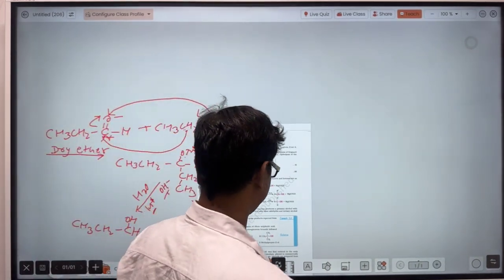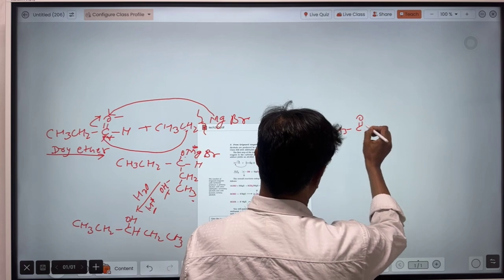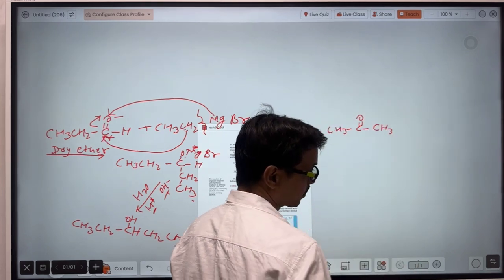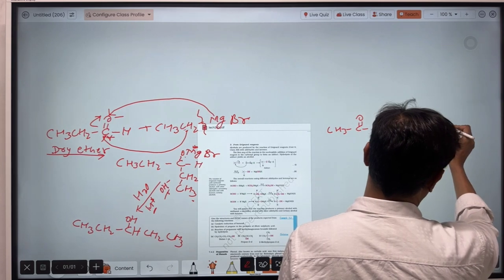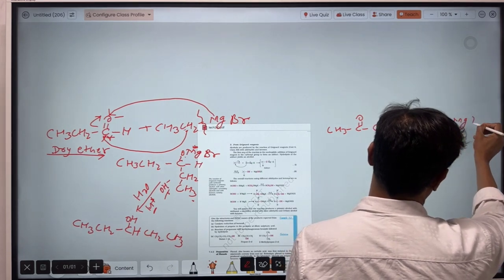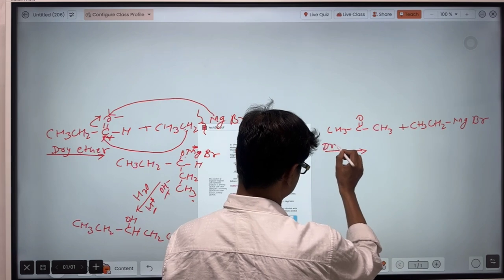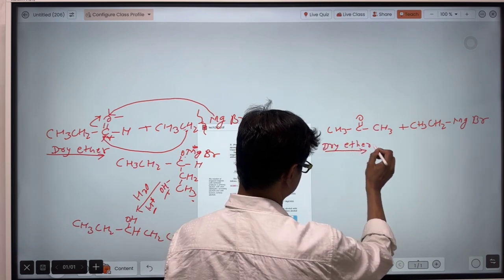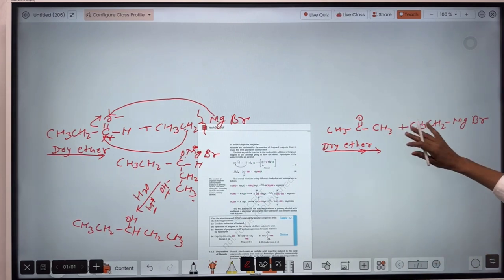How? Let's watch out here. Now the ketone: I have taken propanol, which reacts with the same ethyl magnesium bromide. Same process. As I did the reactions here, in the same process this reaction will also take place.